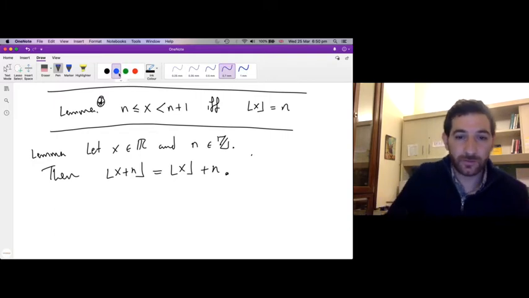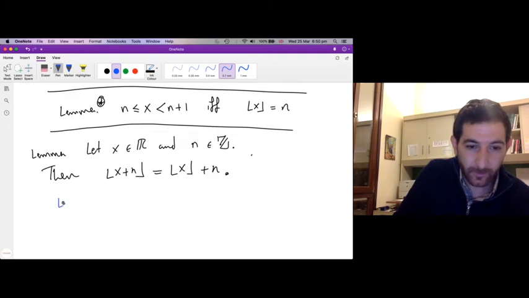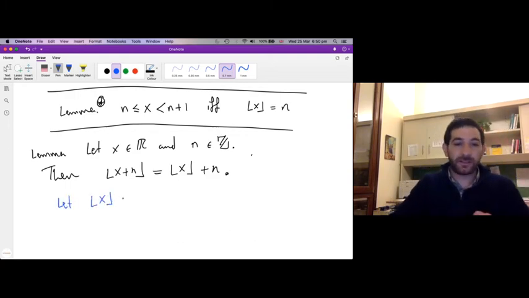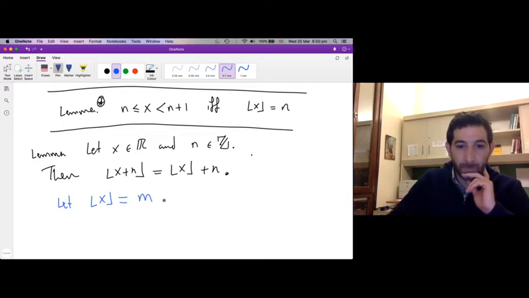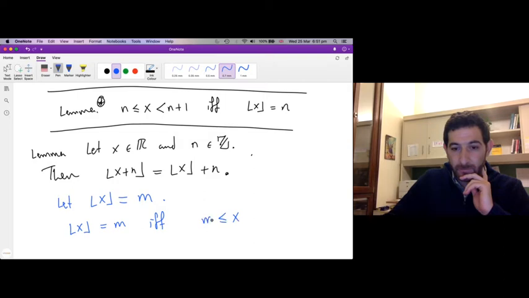Okay, how will we do this? So let the floor of x, what is the floor of x? It is the greatest integer less than or equal to x. Let's call it m. Now, the floor of x is equal to m if and only if, by star, x is between m and the successor of m.